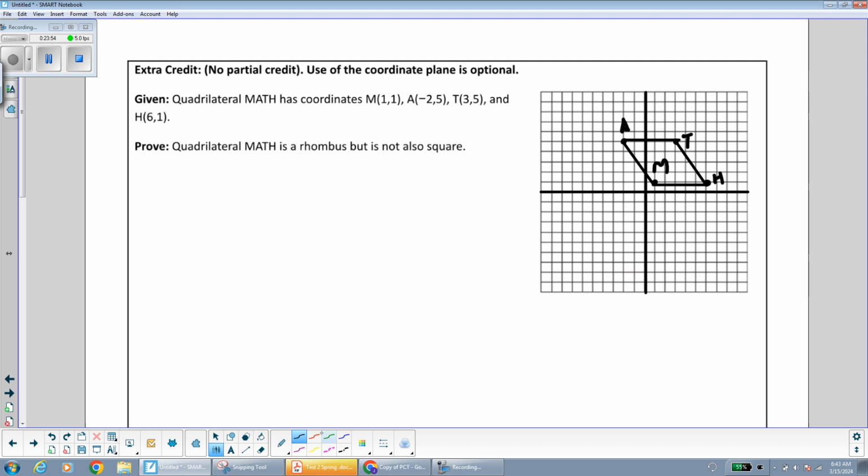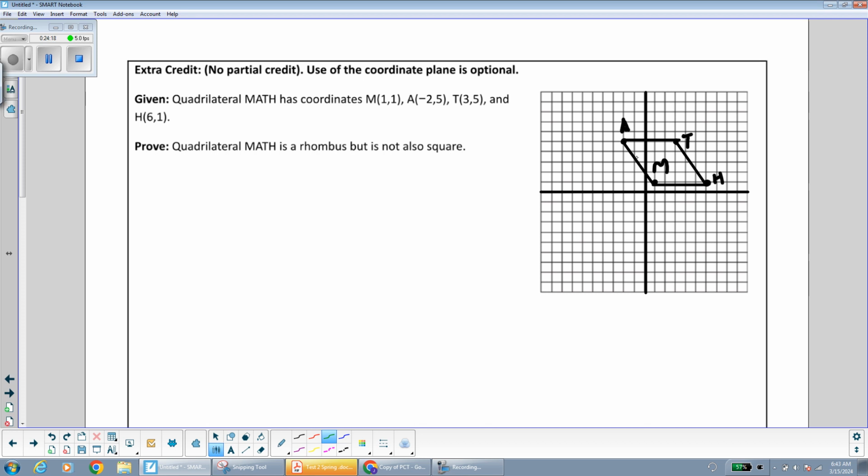So first, I'm going to show this is a parallelogram. And the way that I'm going to do that is I'm just going to find the slopes of the opposite sides. And you can do that either with slope formula for MA and TH, and for AT and MH. It does need to be for all four sides, but I'm going to just use rise over run so I can use the grid.